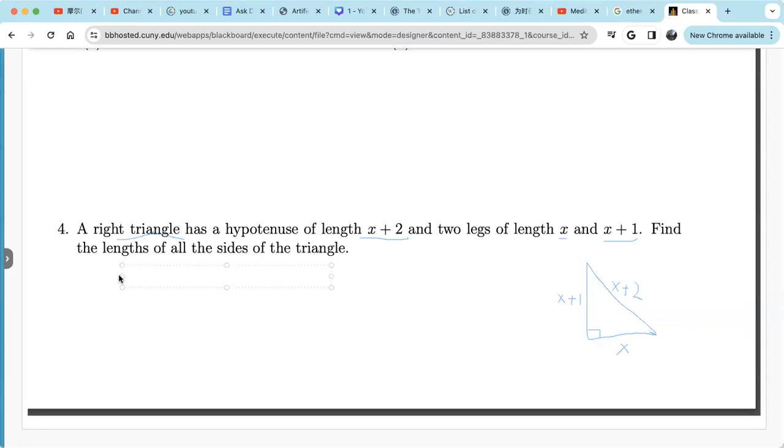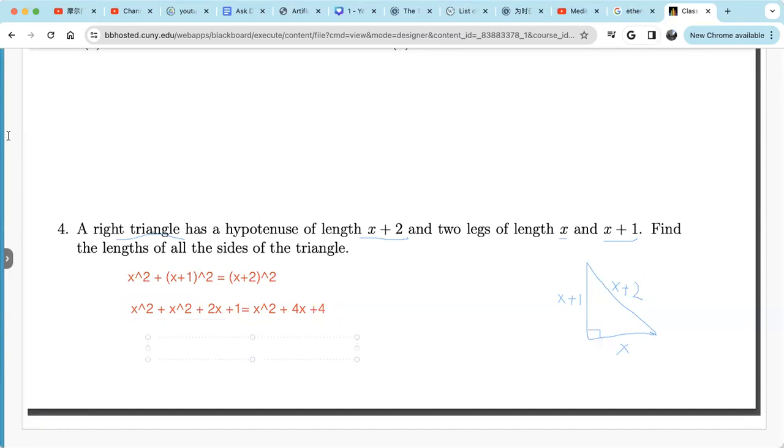The Pythagorean theorem says the sum of the squares of the 2 legs, x squared plus x plus 1 squared, equals the hypotenuse squared, x plus 2 squared. Then we expand this. x squared, x plus 1 squared is x squared plus 2x plus 1, equals x plus 2 squared, which is x squared plus 4x plus 4.